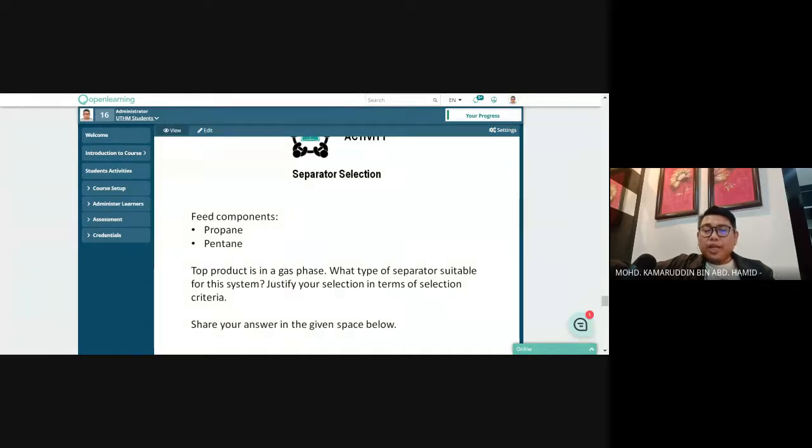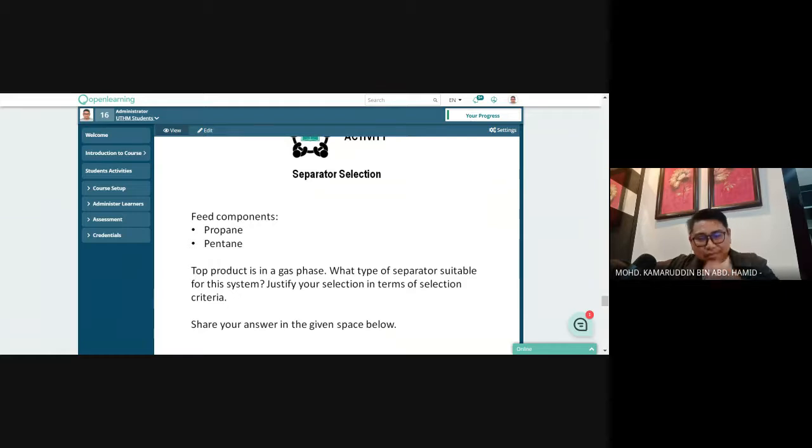When you're talking about purity, you may argue on the use of flash. Are you able to obtain propane purely at the top using flash? My answer is not sure unless you prove using simulation.